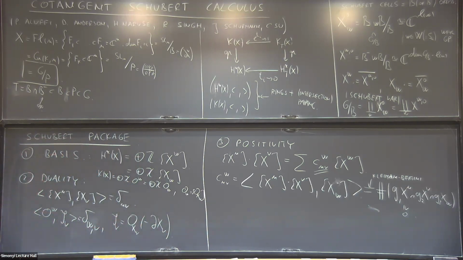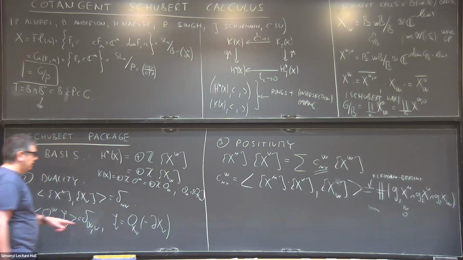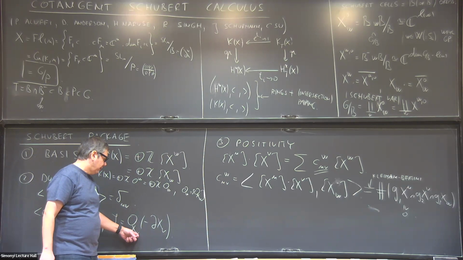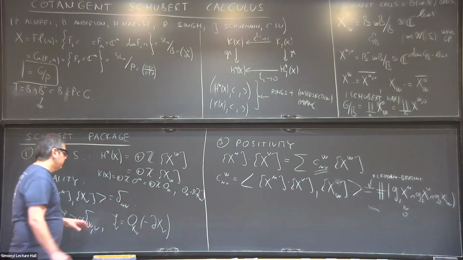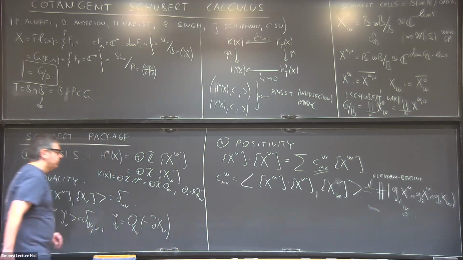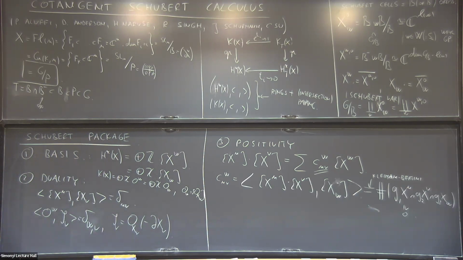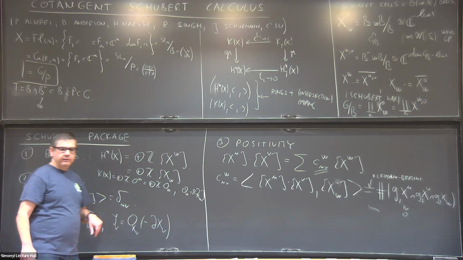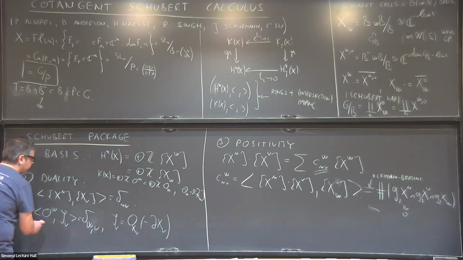It's the union of all Schubert varieties corresponding to Weyl group elements which are 1 less than v. So this is some class here. For example, in P^n, this will be O(-1)s. And so this is the Schubert package.